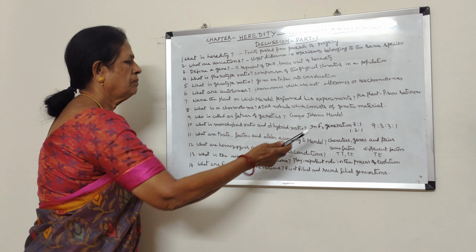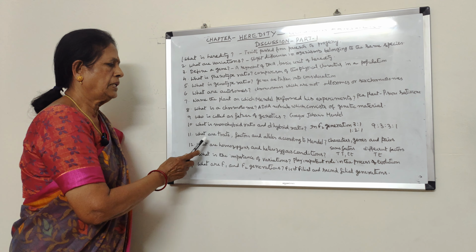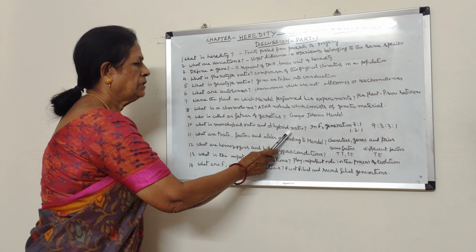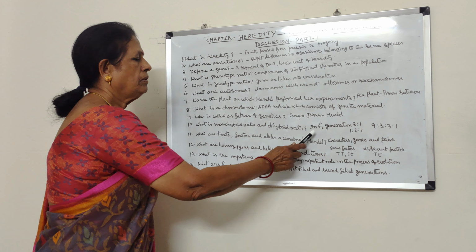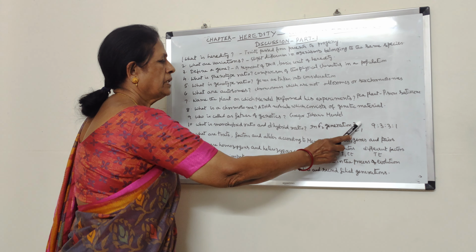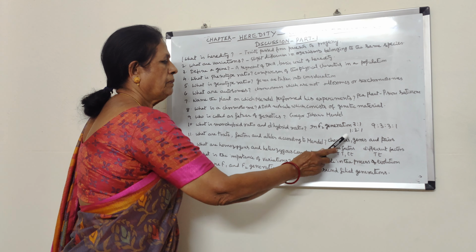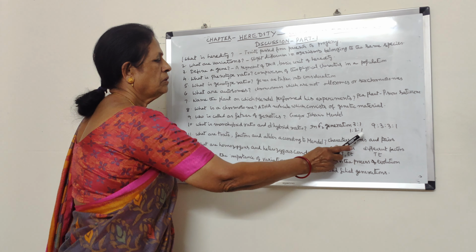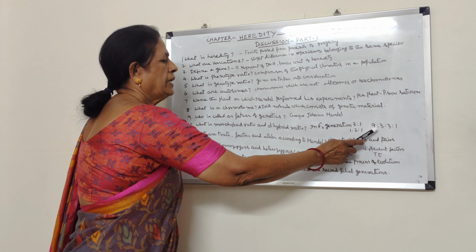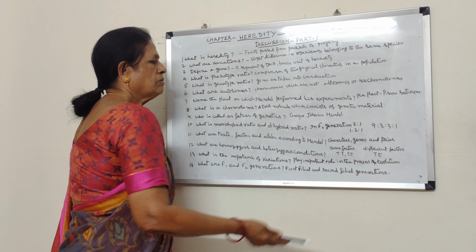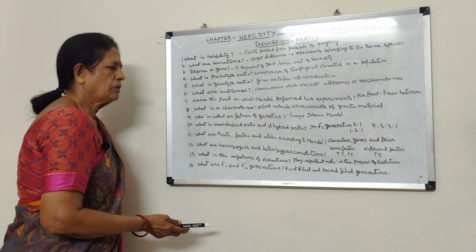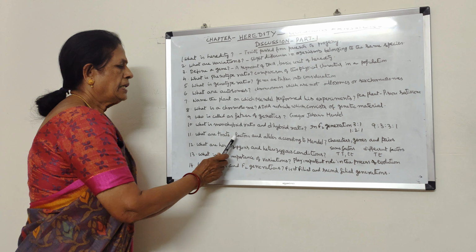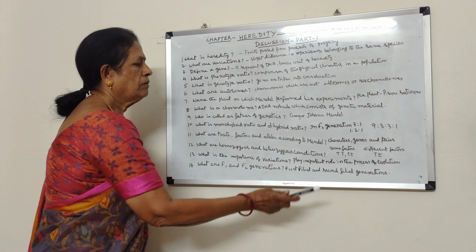Gregor John Mendel. What is monohybrid ratio, dihybrid ratio? In the F2 generation, the monohybrid ratio is 3:1 phenotype, and genotype is 1:2:1. In the dihybrid ratio, it is 9:3:3:1 phenotype.